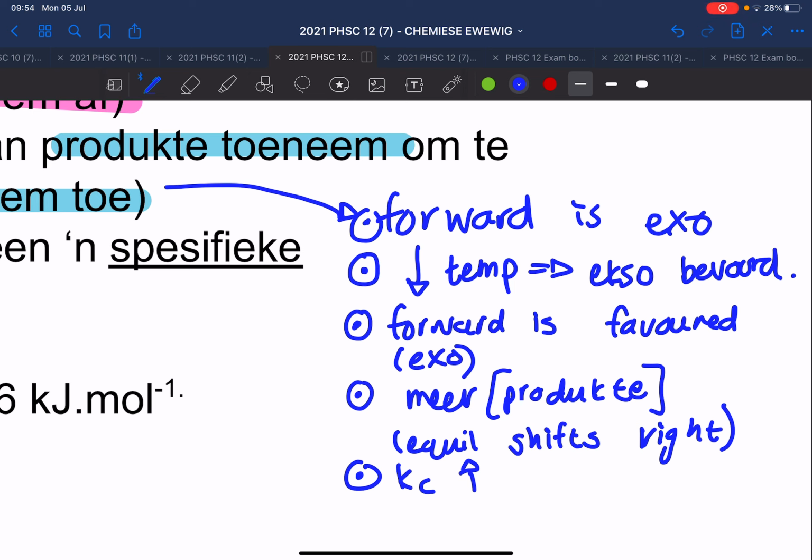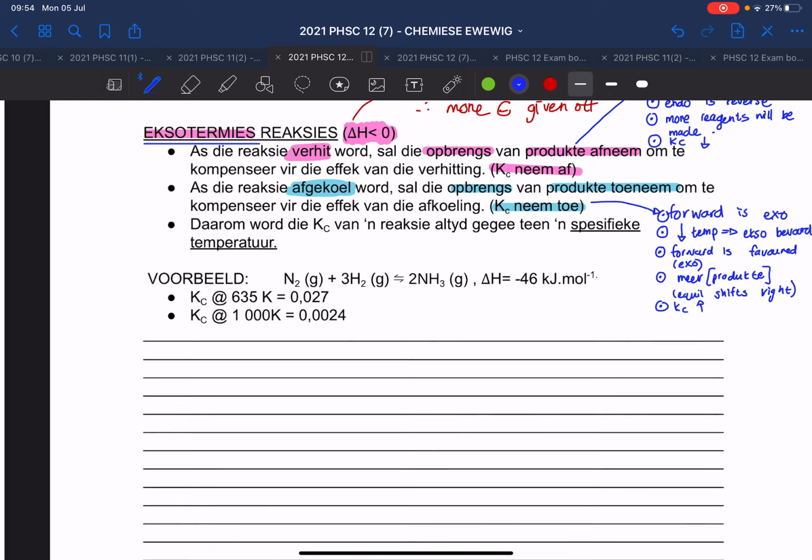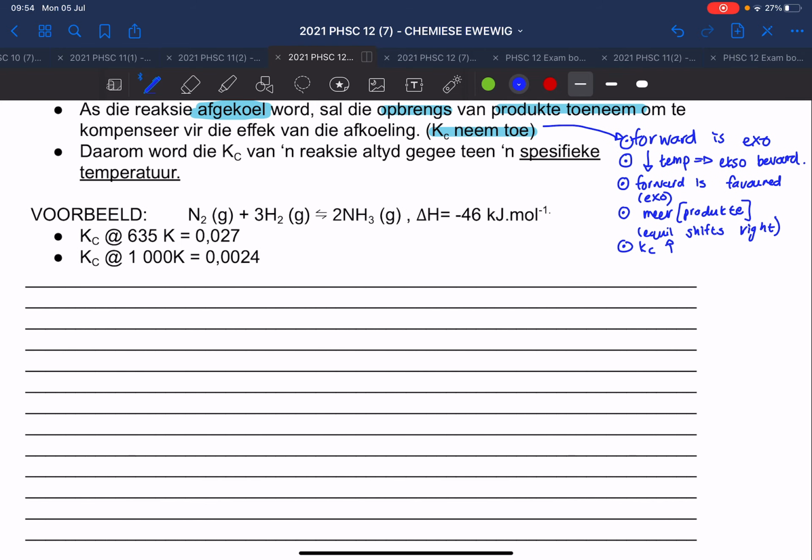Okay, so kom ons kyk hoe lyk 'n vraag. Ek nou hierdie vraag, I made it shorter, it was a longer question. It says there we have an equation, ons het 'n vergelyking waar jy stikstof het met waterstofgas en dit gee vir jou ammoniak. This process is called the Haber process.